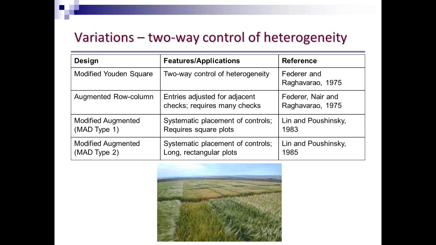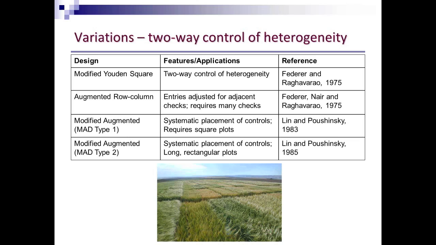The references are given there. You could also use a row-column design if you wanted to. And then one modification of interest is the modified augmented designs. You see at the bottom, these actually use systematic placement of controls, which has some desirable features.